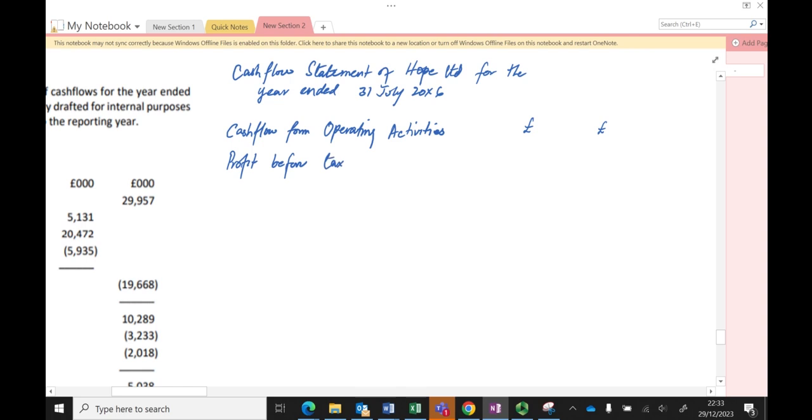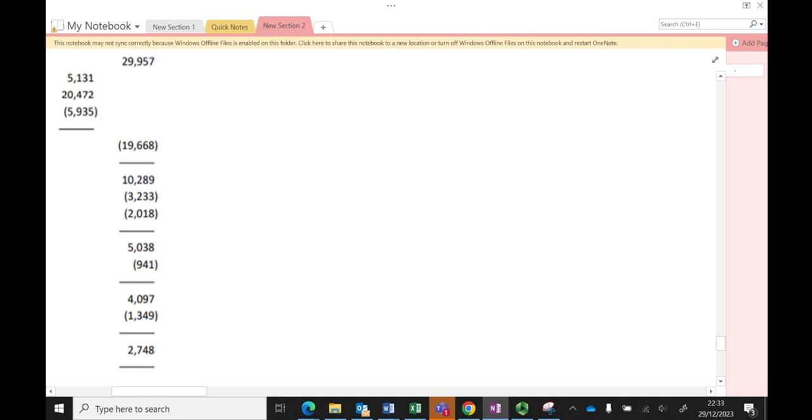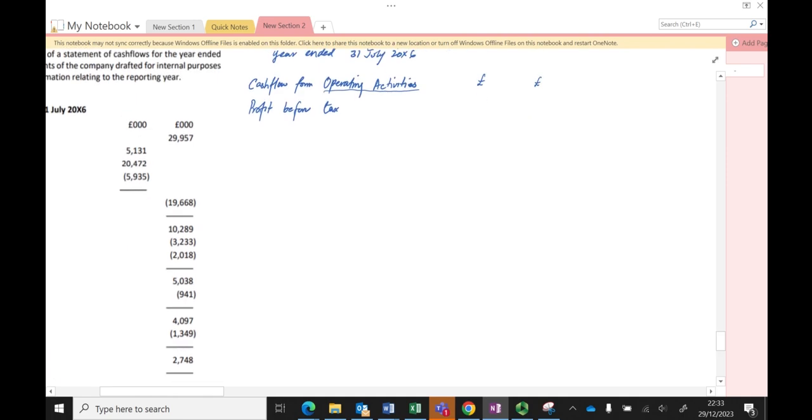Remember, the three headings are cash flow from operating activities, cash flow from investing activities, and cash flow from financing activities. So I can write them down here.